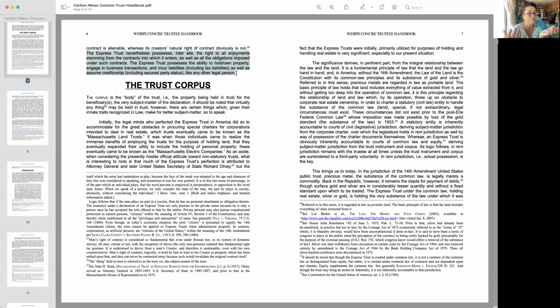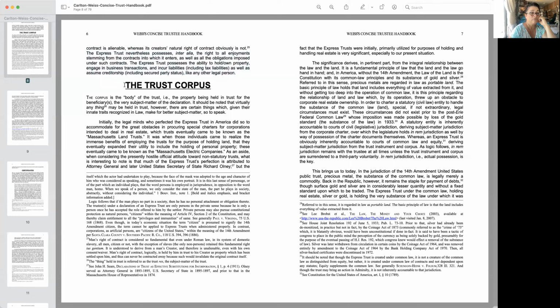Apparently, this legal person is owned by whoever made it, and this express trust would be owned by us who made it. So in that way, we're the custodian or the guardian, I guess.